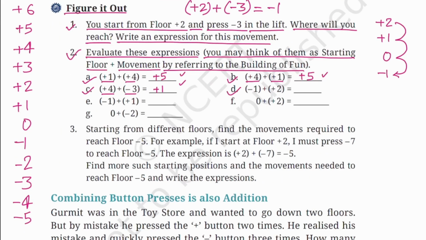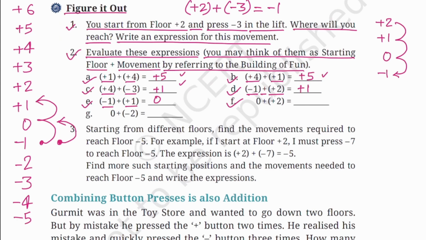For example, D: minus 1 plus 2. Minus 1 is here, plus 2, 1 and 2. The answer will be plus 1. Similarly, E: minus 1 plus 1. The answer will be 0.